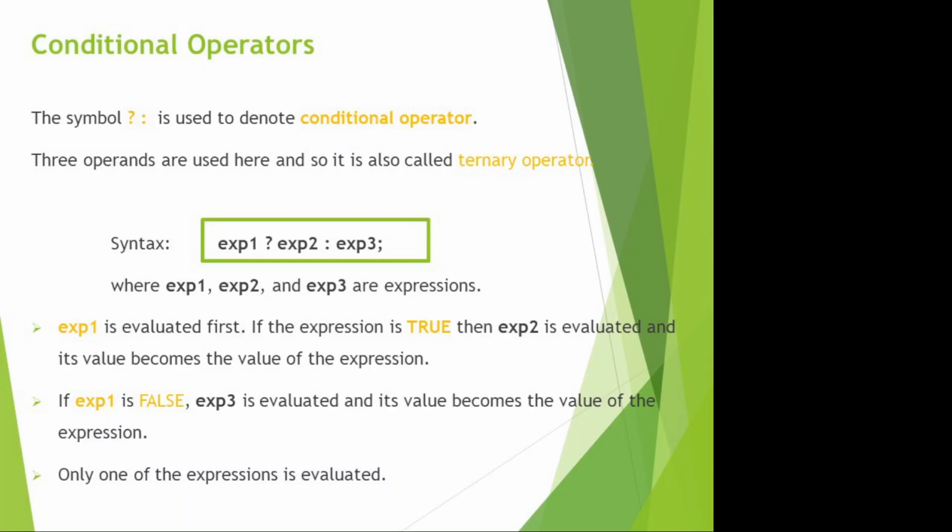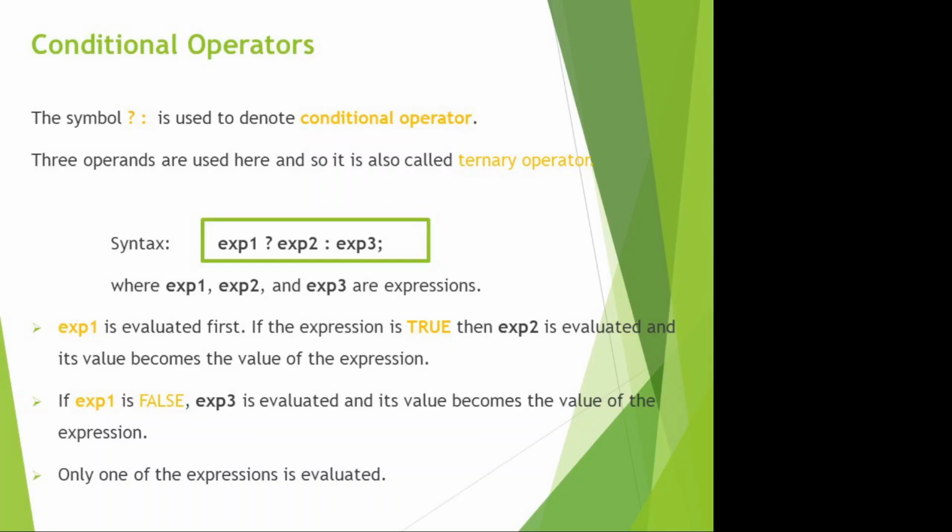Now, I am going to discuss one ternary operator, which is known as conditional operator. The symbol question mark and one colon is used to denote this conditional operator. Here, three operands are used, so it is known as ternary operator. In this syntax, expression 1 is evaluated first.